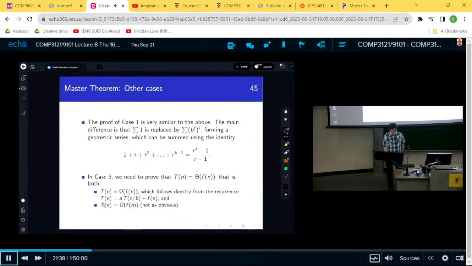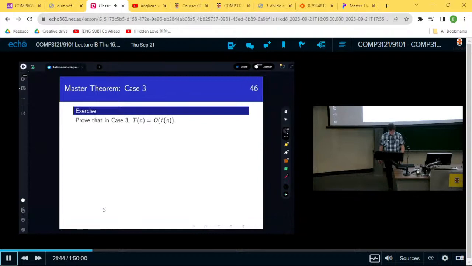For the second part, we need to show that T of n is big O of f of n. It means that the whole computation time is dominated by the computation time at the very first level. At the very first level, to just do the merge step or the combination step, we need f of n time. And now we're going to prove that this actually dominates the whole running time.